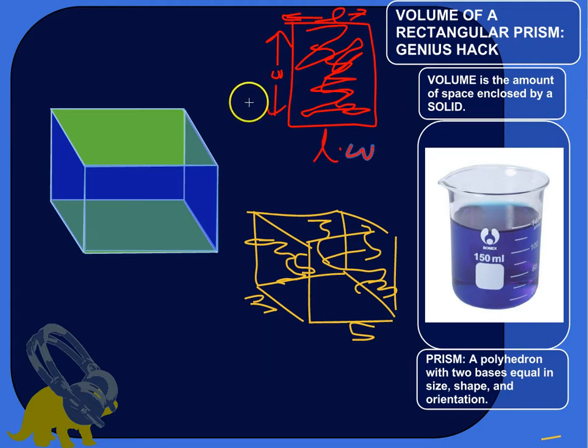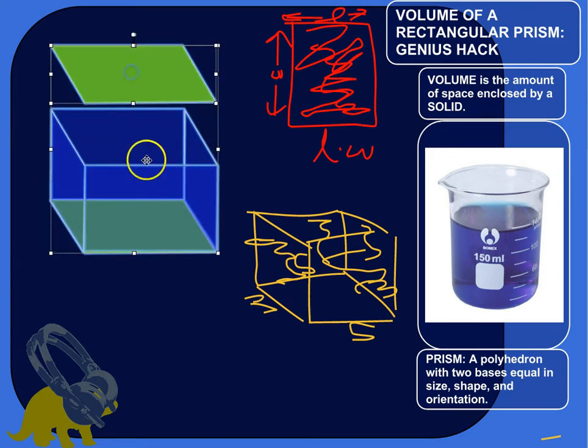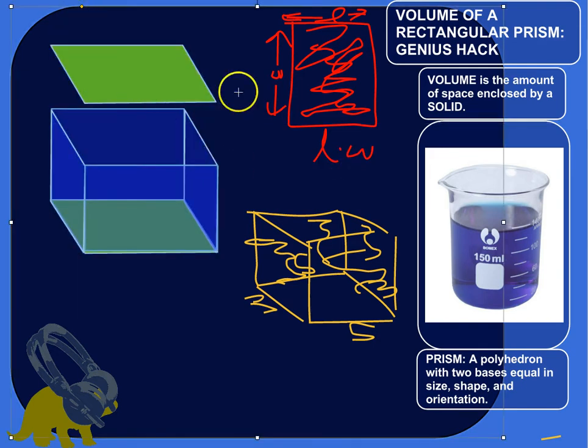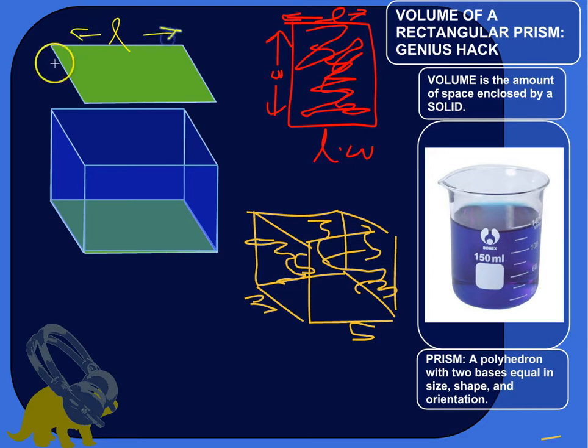Now we want to take it into the third dimension and think about how much space a three-dimensional figure, a solid, encloses. How would we figure that out? Well, what do we have here? We've got two bases, and let me just pull off one of the bases here. We've got the length of the base and the width of the base.